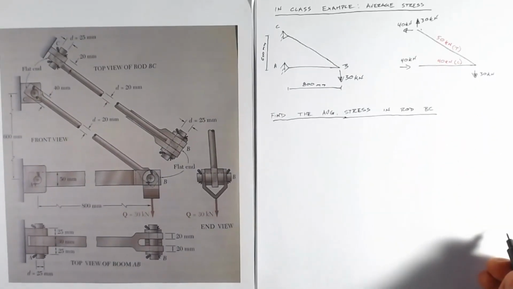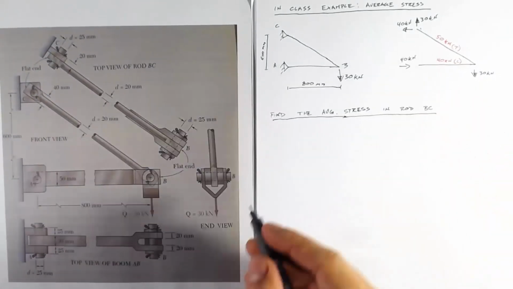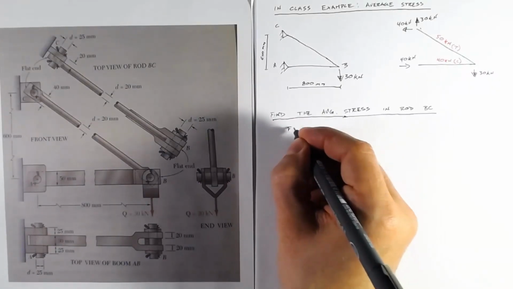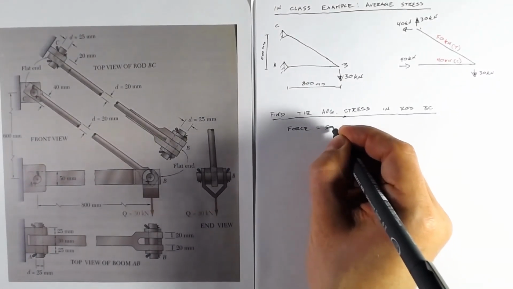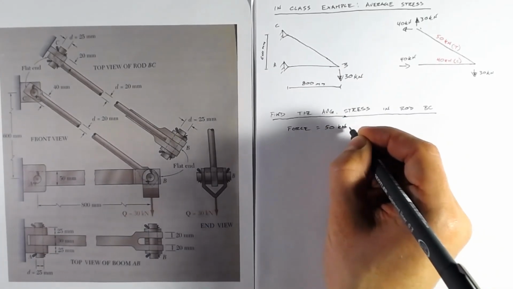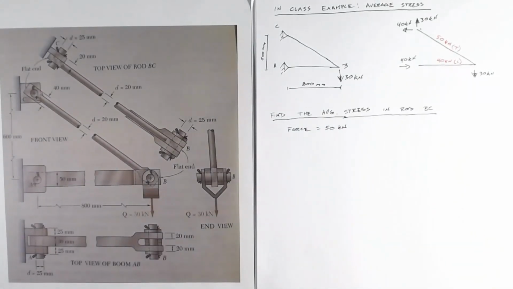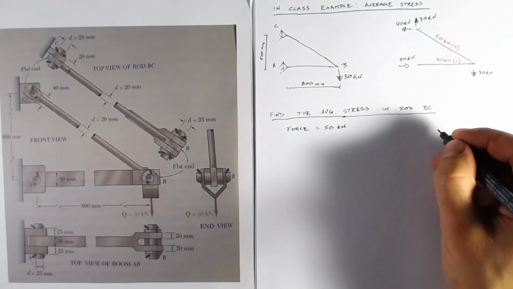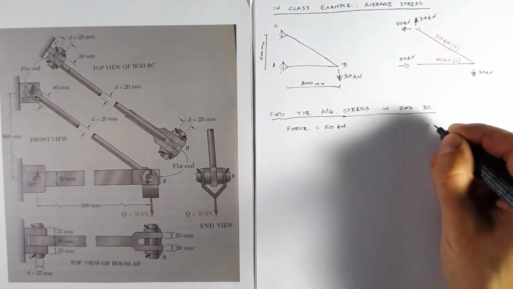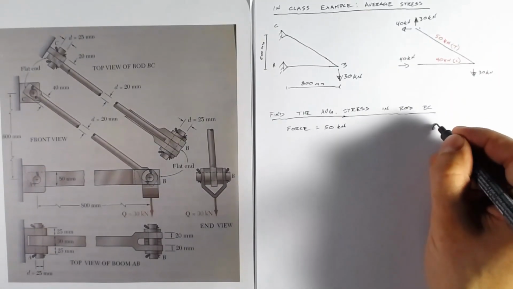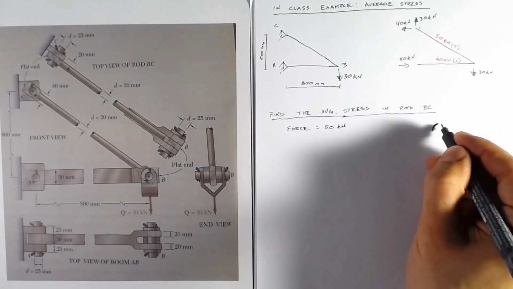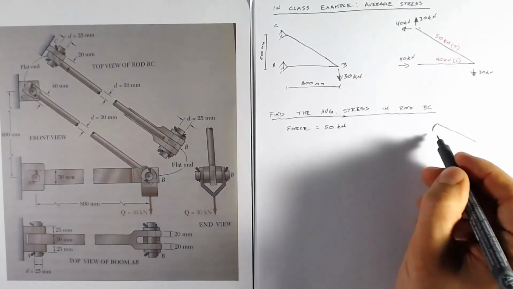We know that the force equals 50 kilonewtons. Because this is the first example that we've really worked with this, we'll draw some small diagrams to hopefully make this nice and clear.